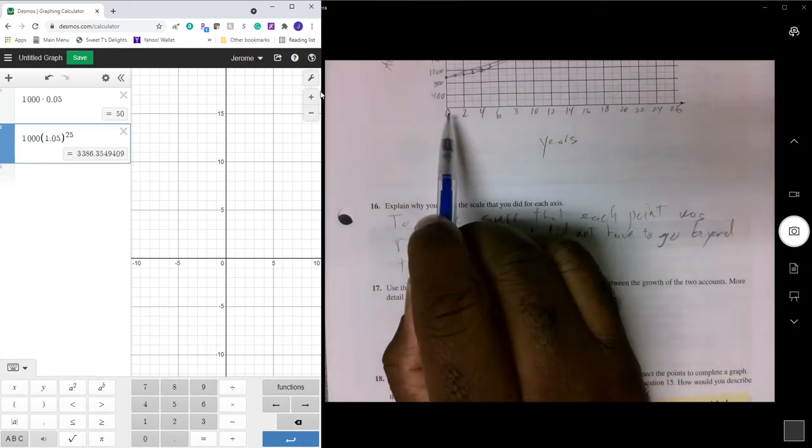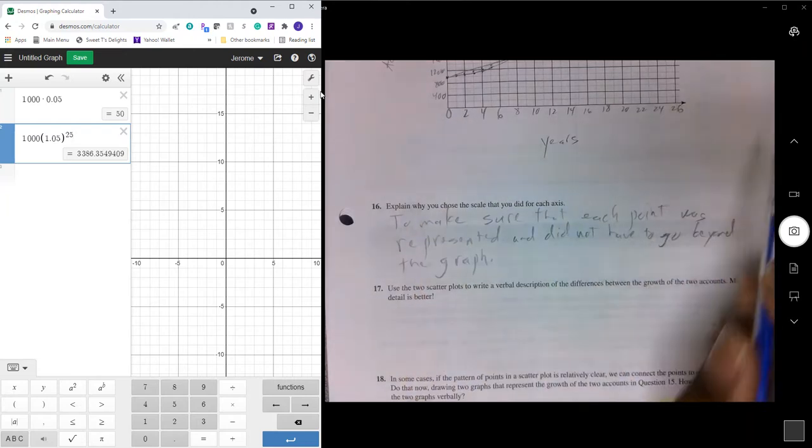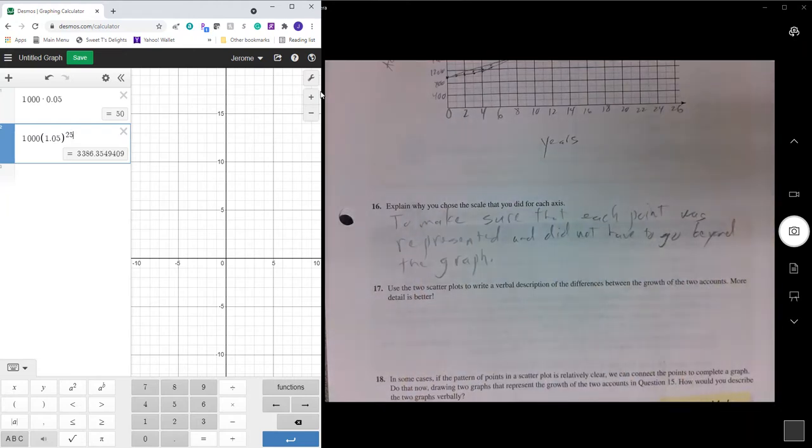Because if I would have used, say, half, we'd have to go beyond the graph to get to 25. So that's what I mean by not going beyond the graph.